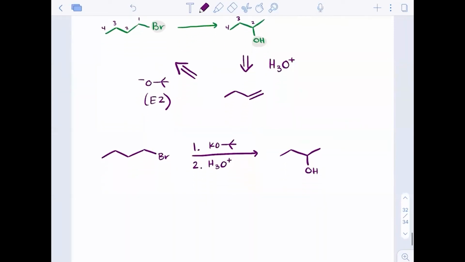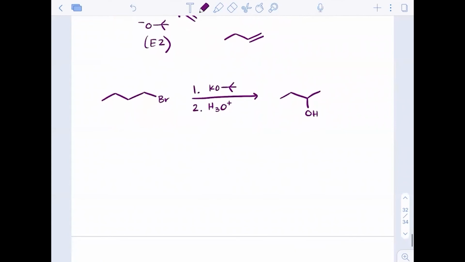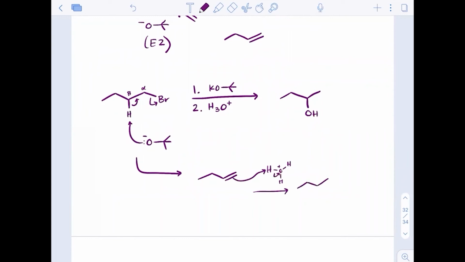So let's go ahead and just do that forward reaction. Alpha and beta here, we have our large bulky base. We'll do our E2 proton transfer with the loss of the leaving group, and acid catalyzed hydration. We'll go through this. We just did this reaction, so hopefully it's still fresh in our minds.